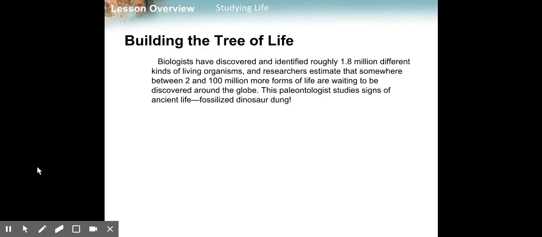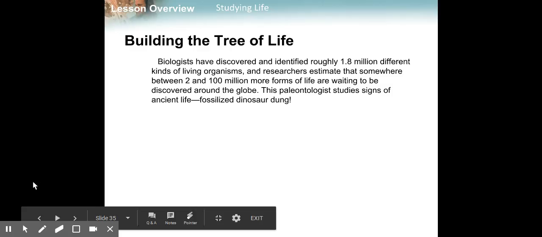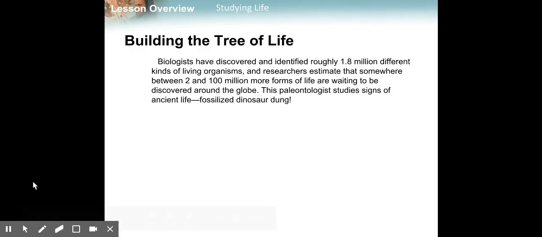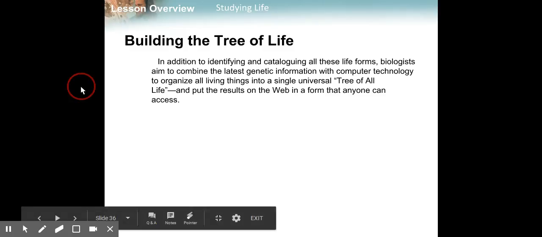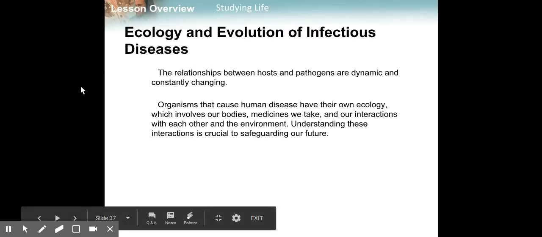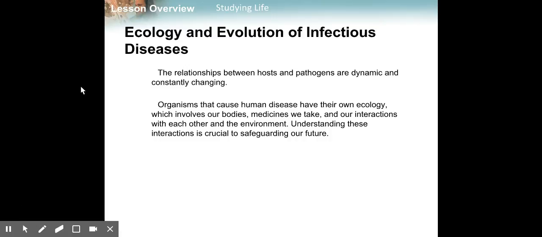The tree of life. You guys have probably seen this before in a science class. Basically, it looks like a tree showing how every living thing is related. And my slide won't go again. Ecology and evolution of infectious diseases. This is a huge field. A lot of it is pretty government funded.